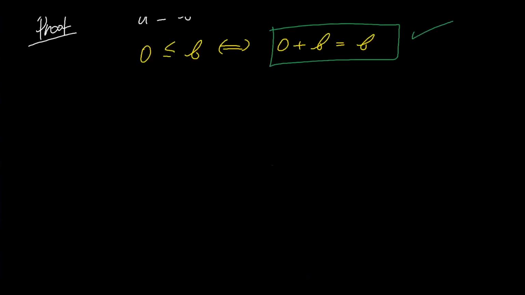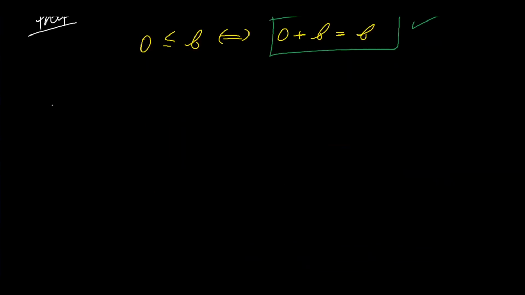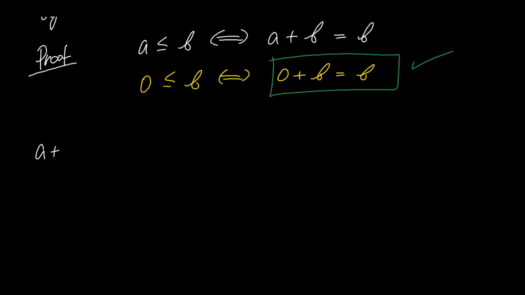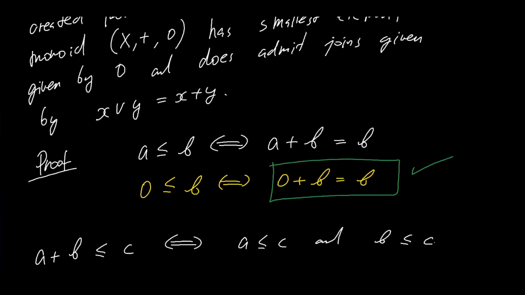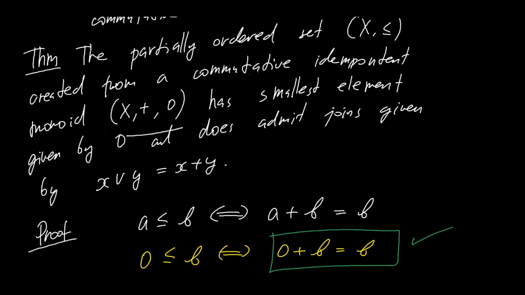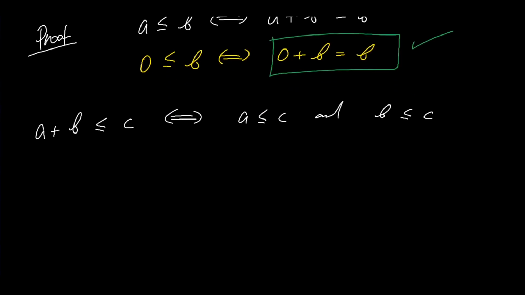So we would need that A plus B is less or equal to C if and only if A is less or equal to C and B is less or equal to C. But now this less or equal is defined out of the monoid structure, right? Okay, so we use the monoid structure to decode what we wrote here.